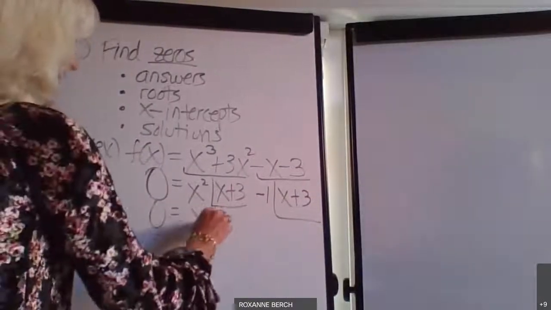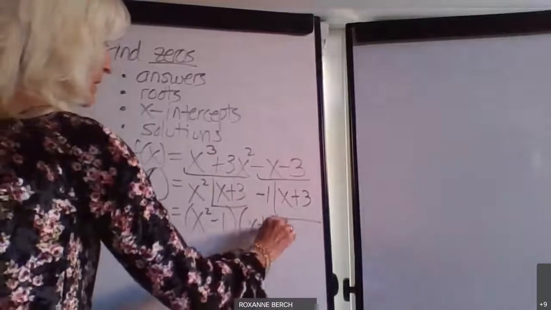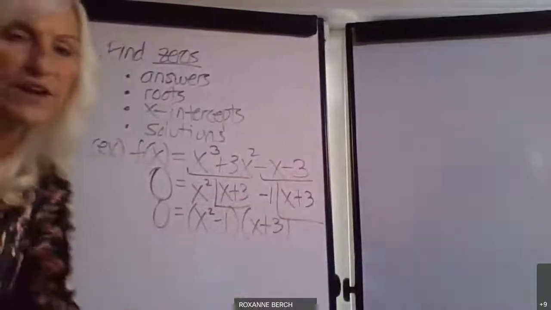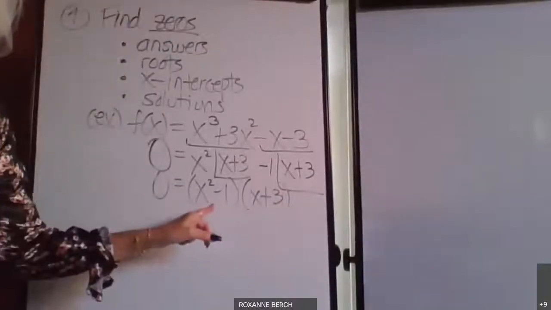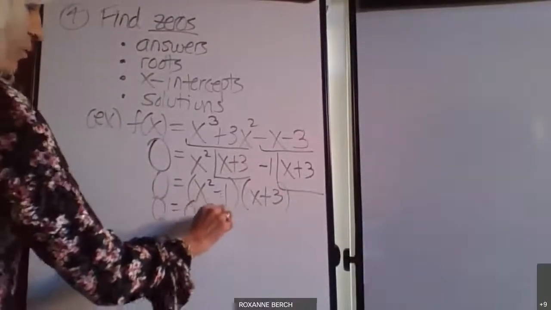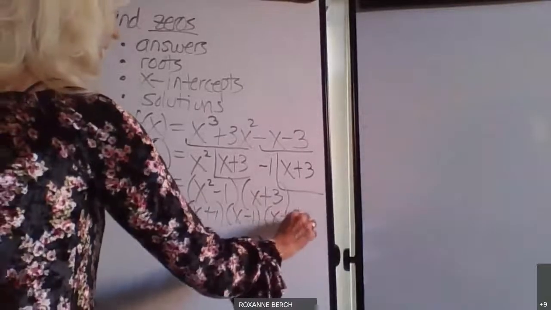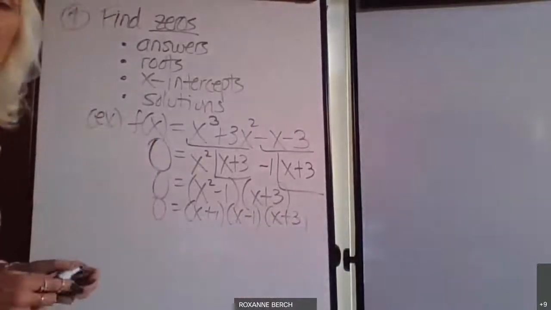So we get x squared minus 1. So we're breaking down the power. And then can you guys see this? Isn't this the difference of squares? So isn't this going to be x plus 1 times x minus 1? And notice how I broke it all the way down so we could solve it.